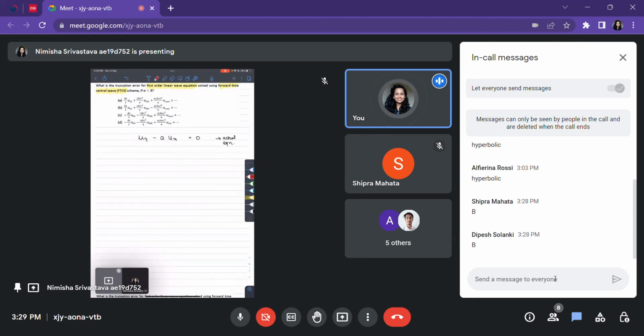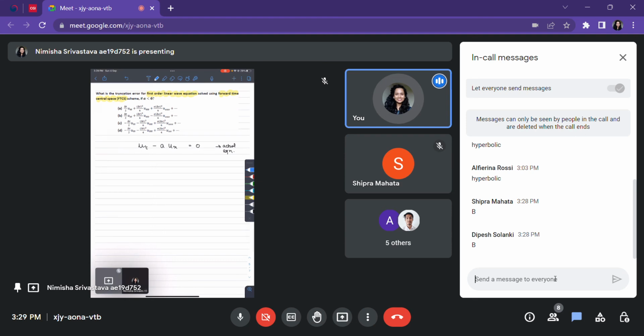So first let's see what forward time central space means. That means basically that I'm going to have un plus 1 minus un at i over delta t, this is forward time, minus A into the central space, which is ui plus 1 at n minus ui minus 1 at n by 2 delta x.